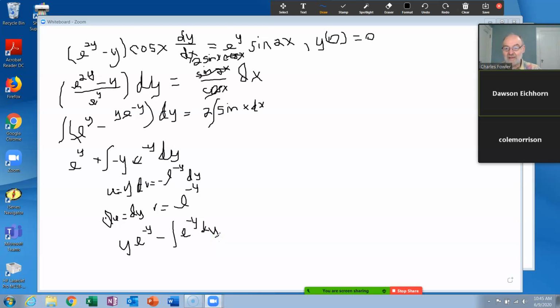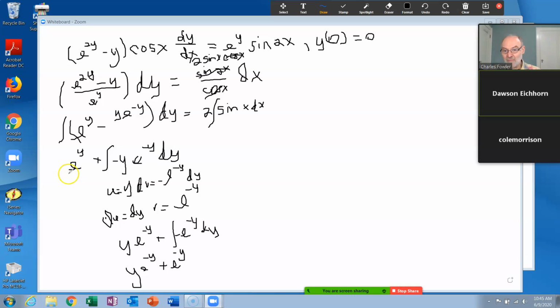Okay? Now, this will be y e to the minus y, and again, I would move this minus sign back inside, and you see that now that becomes a plus out here, e to the minus y. Okay. So the left-hand side is done.